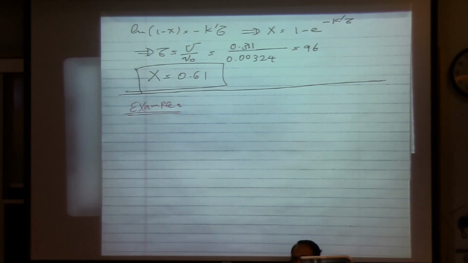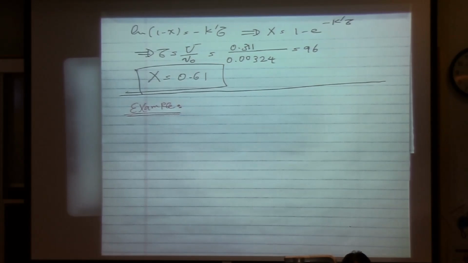Does the majority of the class like these examples, or do you want me to cut them? If it's boring, let me know. No boring? So you should do it, right? Okay, so we do it as much as we can.